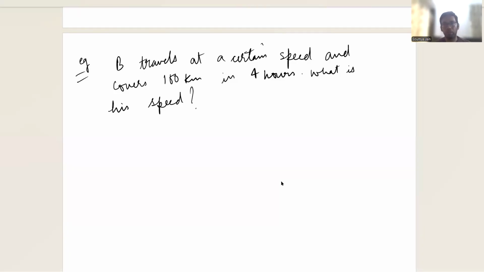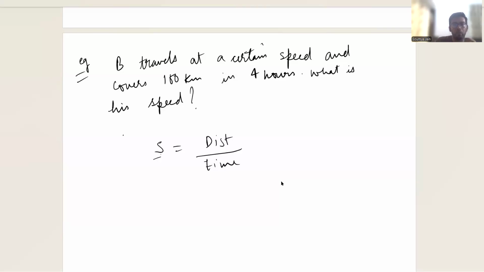Now this is the question. What's given to us is the distance traveled by the person, and the time taken by the person to cover that distance is also given. So again using the formula, speed is equal to distance by time, use this.